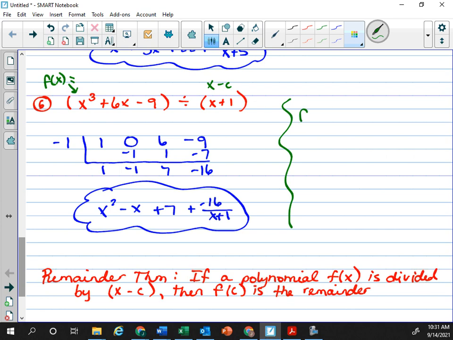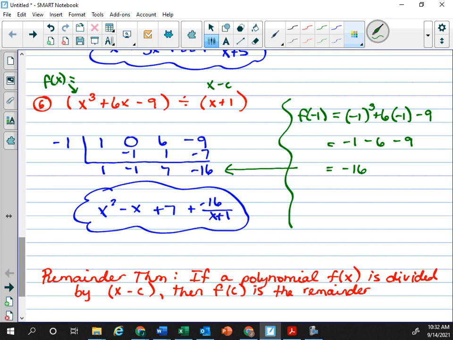So if I had done f of -1, that'd be -1 cubed plus 6 times -1 minus 9. Okay, -1 cubed is just -1, minus 6, minus 9. You can see I get -16.